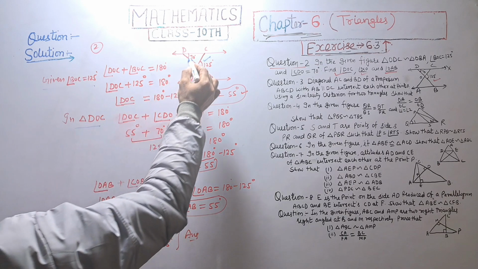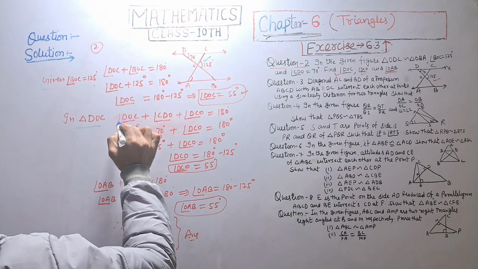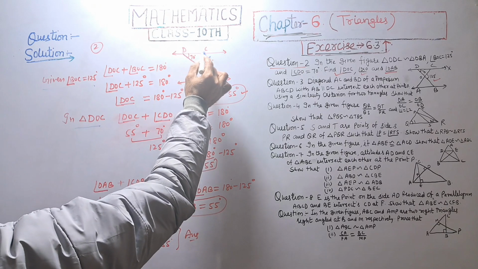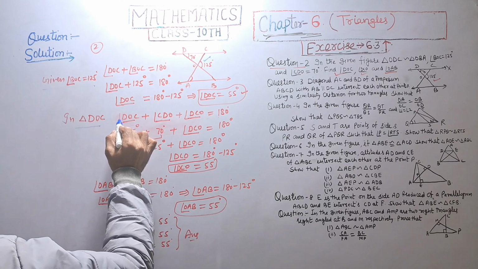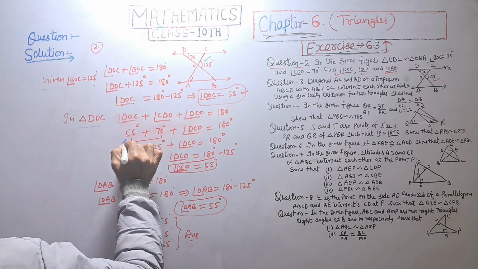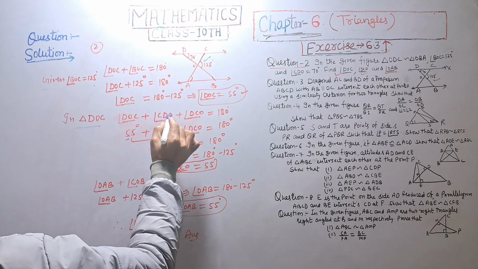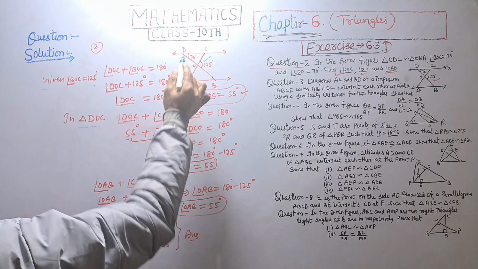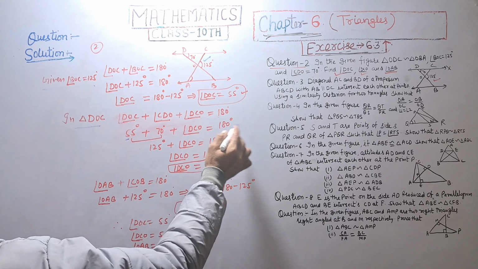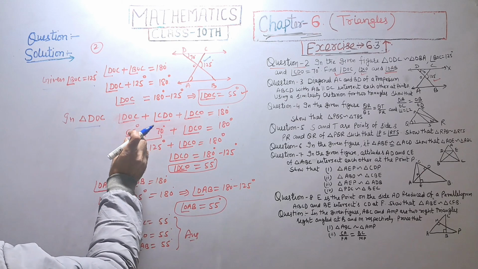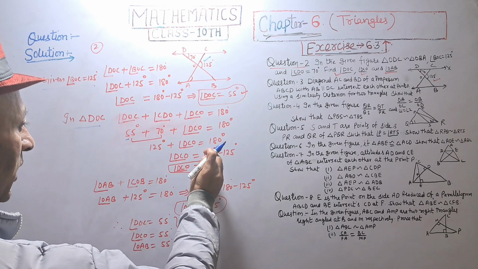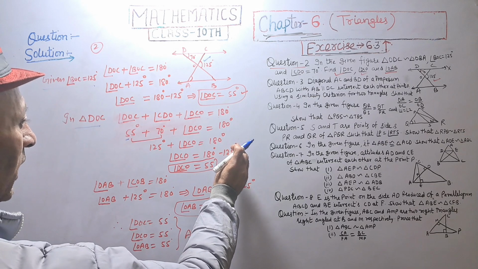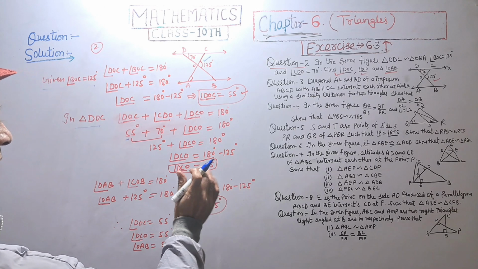In triangle DOC, the sum of three angles of a triangle is equal to 180 degrees, DOC is 55 degrees, CDO is given 70 degrees, plus DCO is 180. The sum of 55 and 70 is 125.